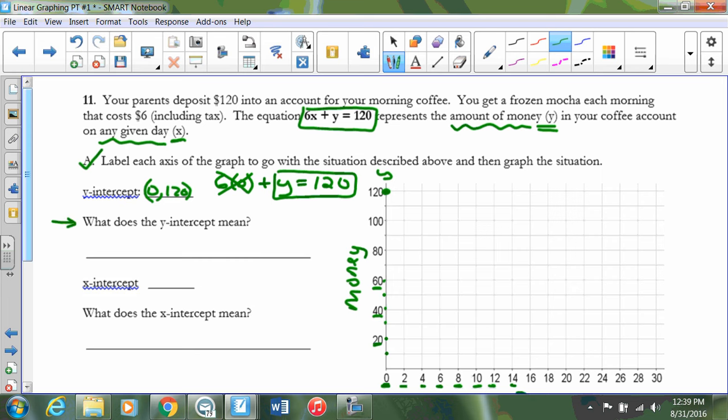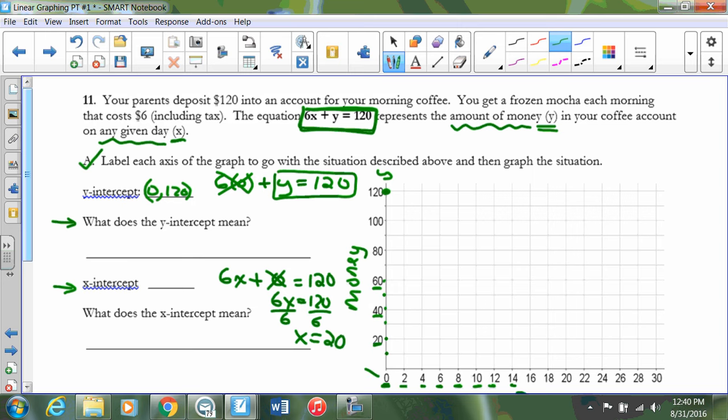Let's go ahead and get the x-intercept in. We're going to use the same equation. This time we're going to plug in 0 for y. So we'll plug in 0 when we see y. 0, it's gone. So we have 6x equals 120. Divide both sides by 6, so x is 20.